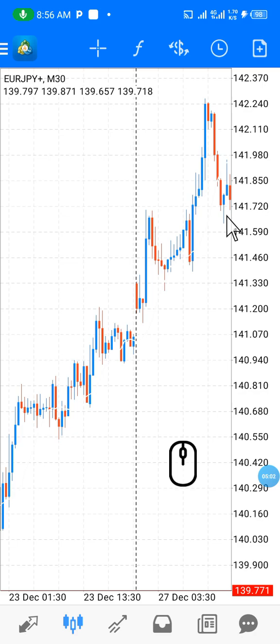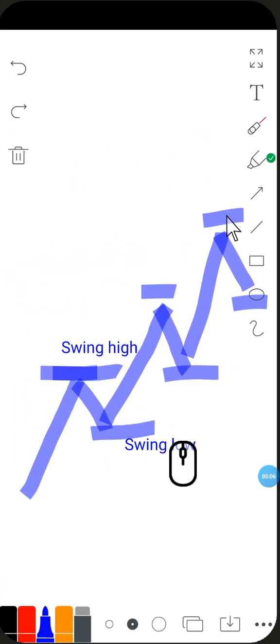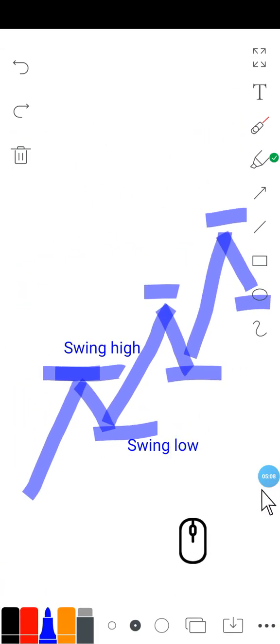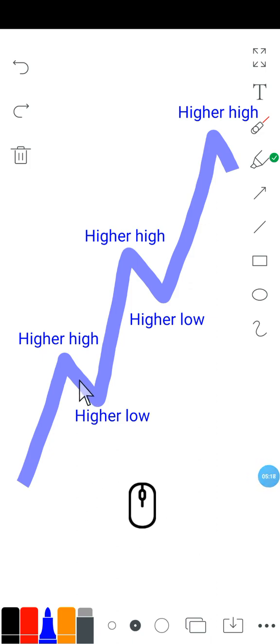That is what makes up a bullish market. This is how a bull trend is formed: you get a higher high, higher low, higher high, higher low, higher high, and higher low.